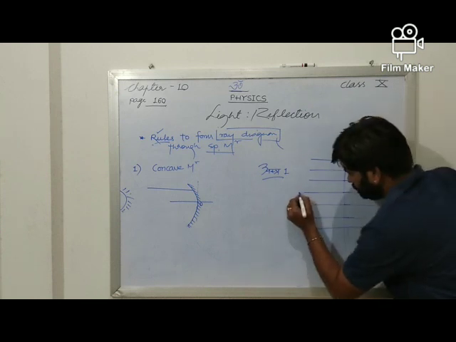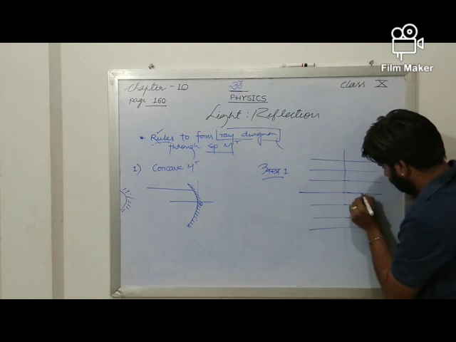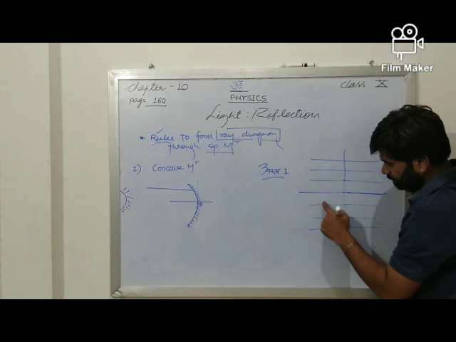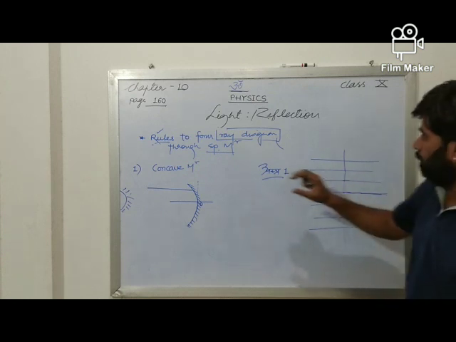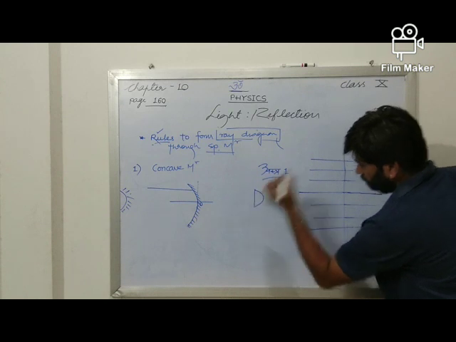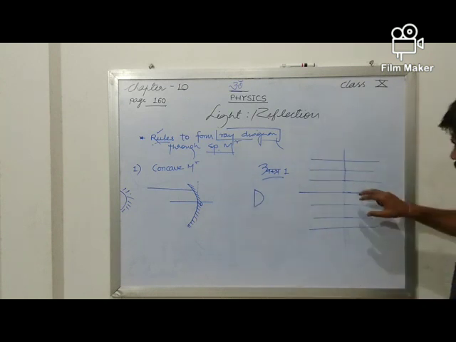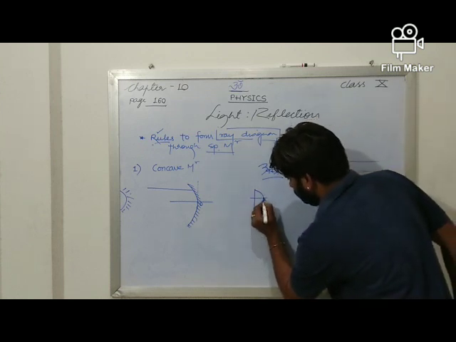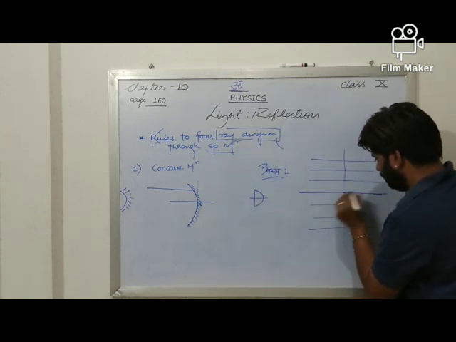Then take this, the principal axis over which we are going to draw our diagram. Now, 3 lines up, 1 2 3, 1 2 3. Now take your D. Put this particular point over here.